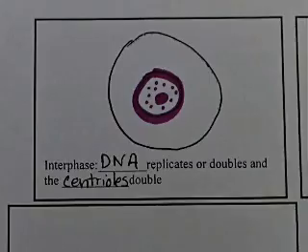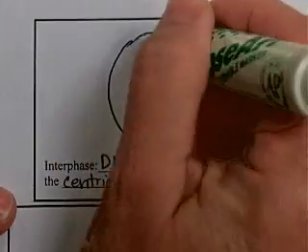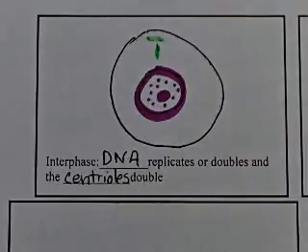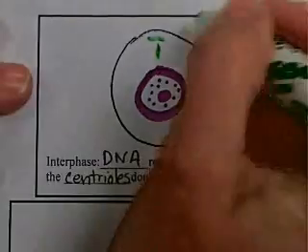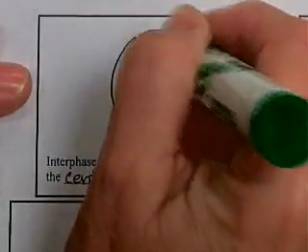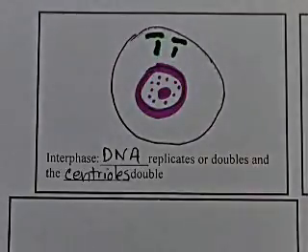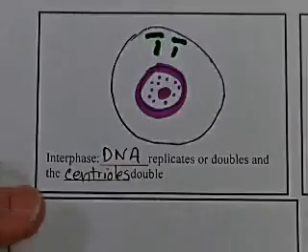Then the centrioles, remember we found them at right angles near the nucleus. Right now we just have a single pair, but right before we go into mitosis, we're going to duplicate those so that we have two pairs of centrioles. So that's what happens in interphase. We're preparing to go into mitosis.